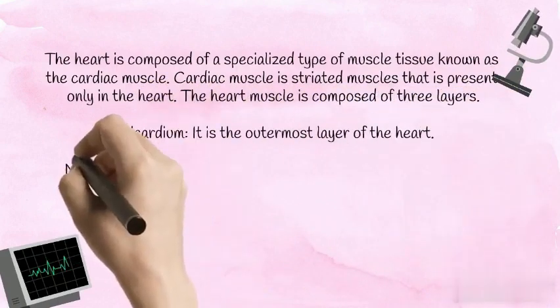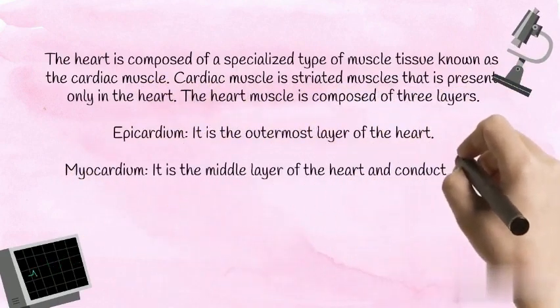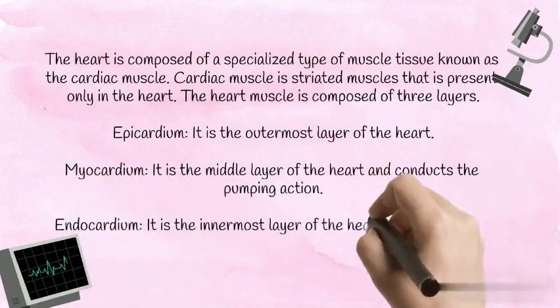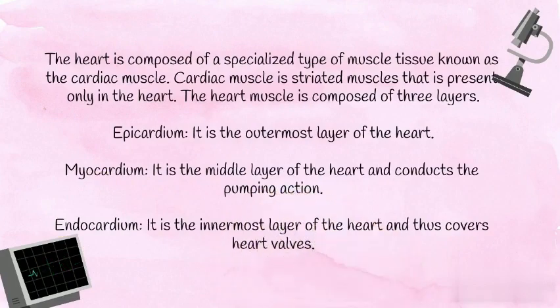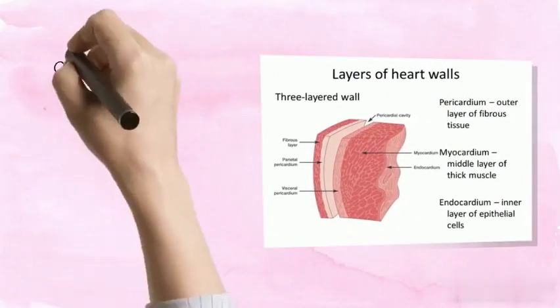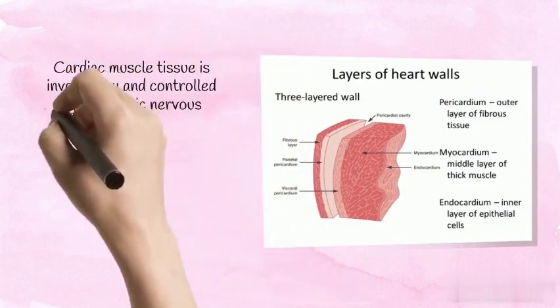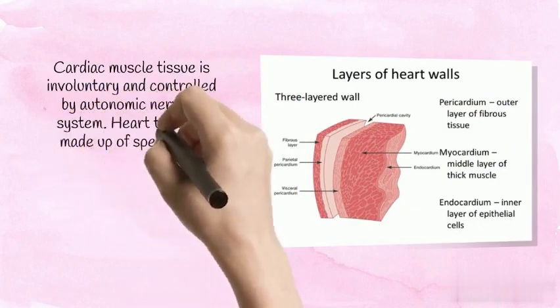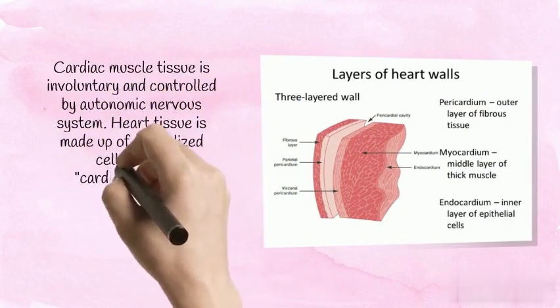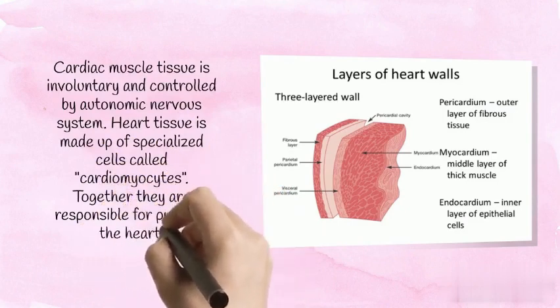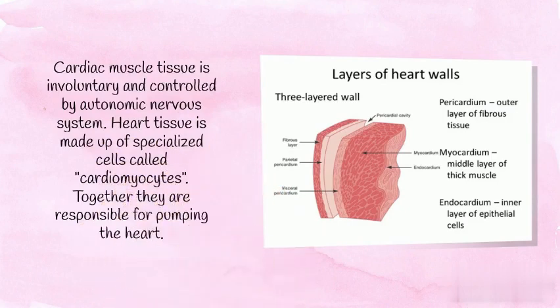The heart muscle is composed of 3 layers: epicardium, the outermost layer of the heart; myocardium, the middle layer of the heart, which conducts the pumping action; endocardium, the innermost layer of the heart which covers the heart wall. Cardiac muscle tissue is involuntary and controlled by the autonomic nervous system. Heart tissue is made up of specialized cells called cardiomyocytes. Together they are responsible for pumping the heart.